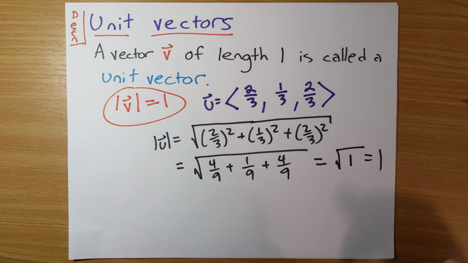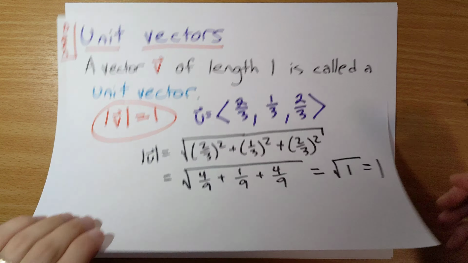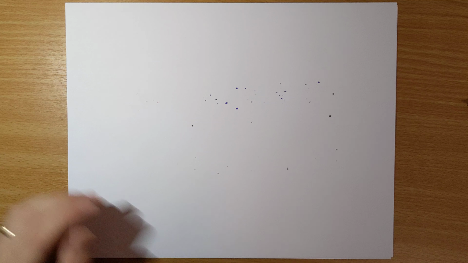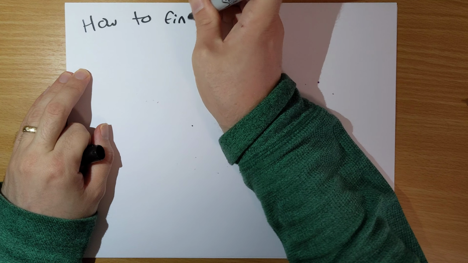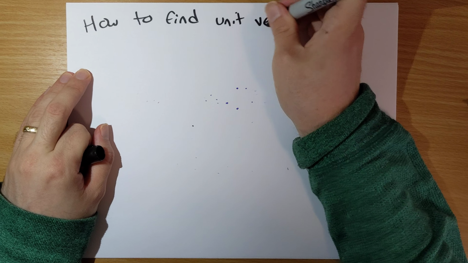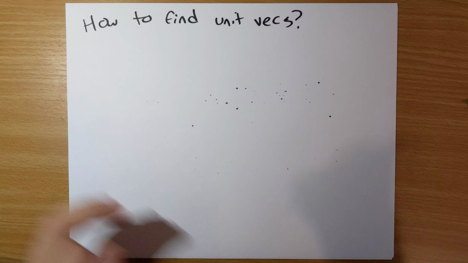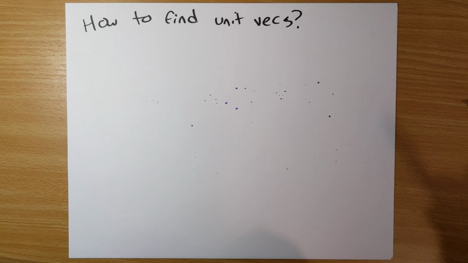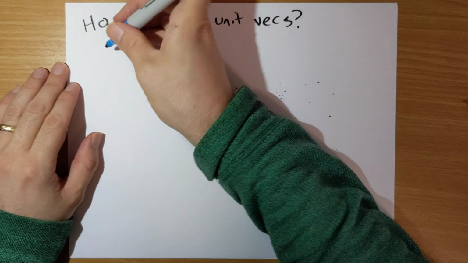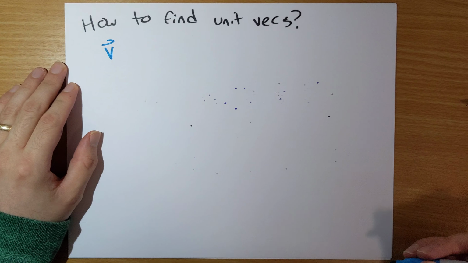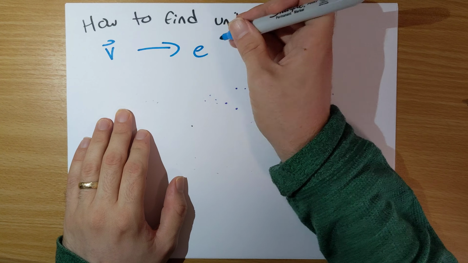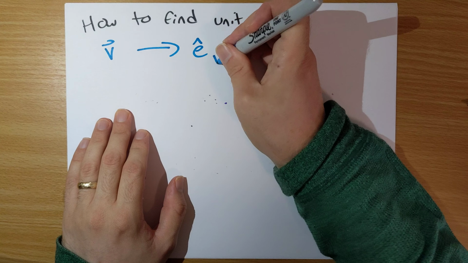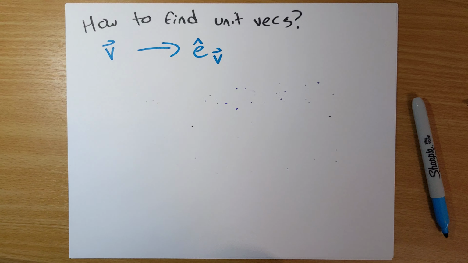A couple of important things we have to do with this is how to find unit vectors. This is one very, very common trick that we can have. Suppose that we have any vector v. What we can do is turn v into a unit vector in the direction of v.